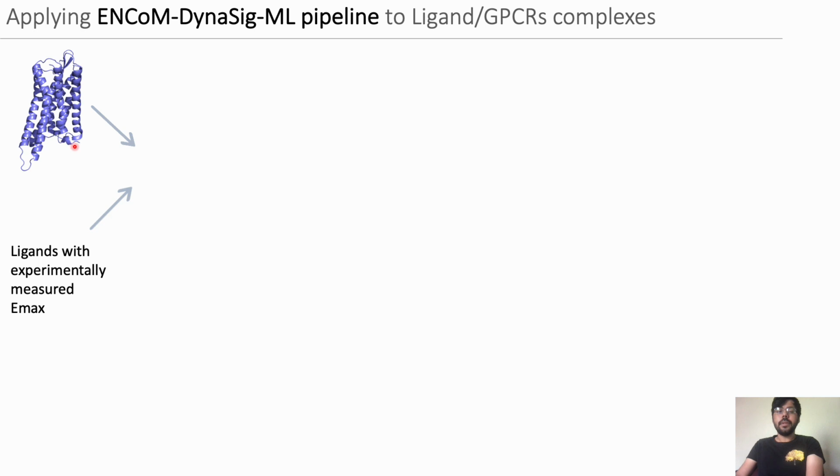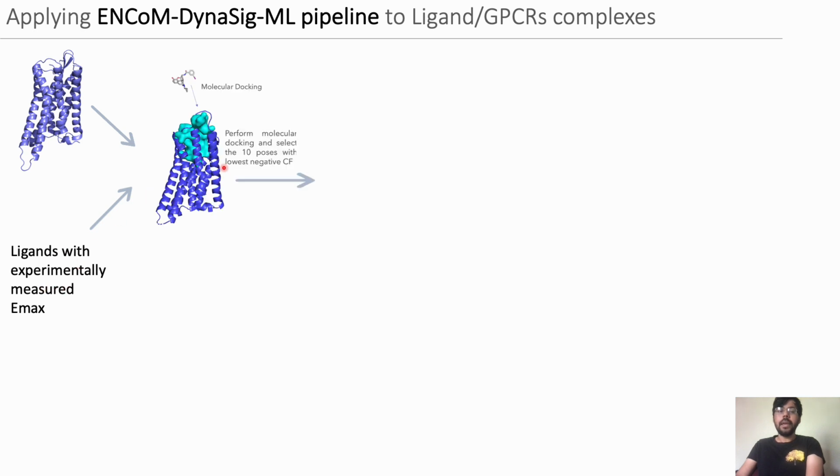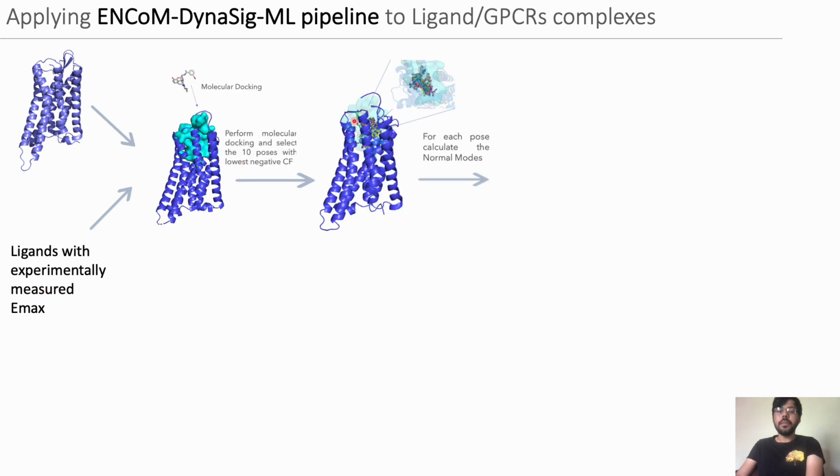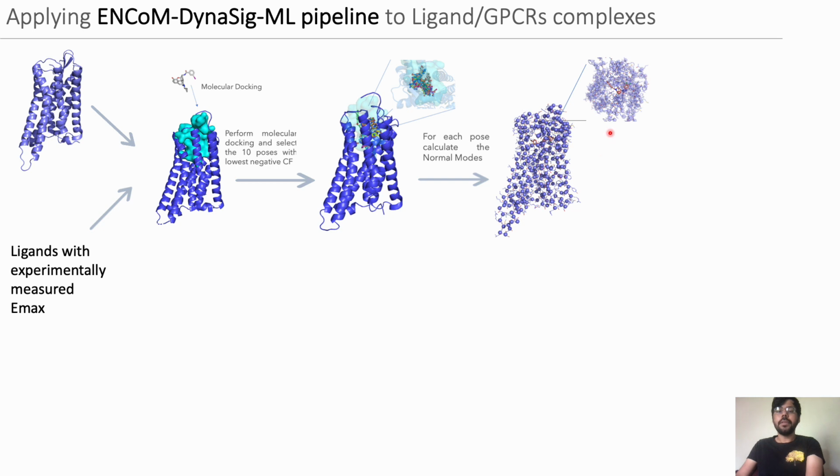Our hypothesis for this project is that if we have the structure of the receptor and we dock different ligands for which we know experimentally the Emax of a certain response, we can use these docking poses to calculate the normal modes using a normal mode analysis potential called ANCA, which is atom type sensitive, so different ligands will have different effects on the receptor.